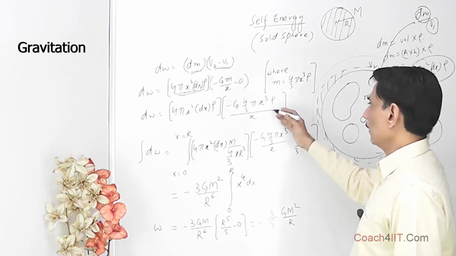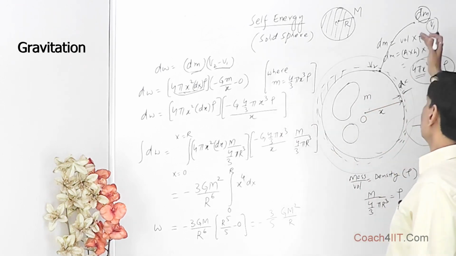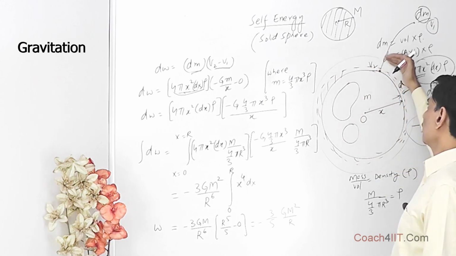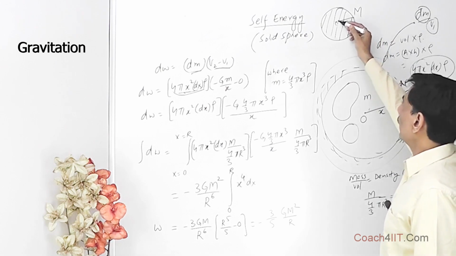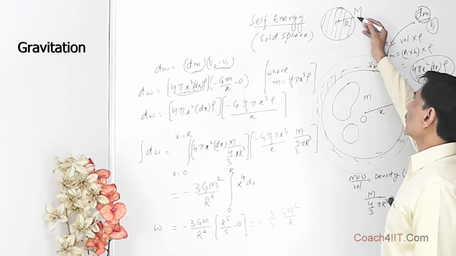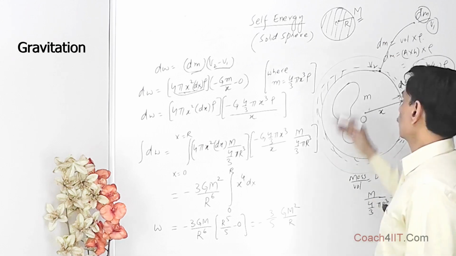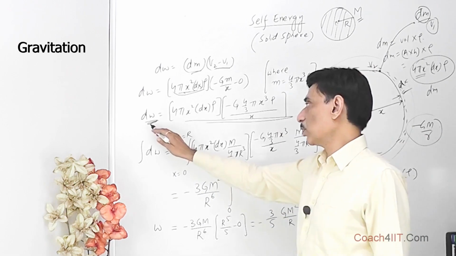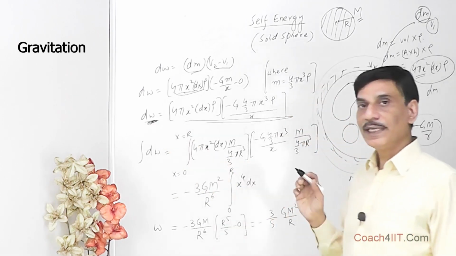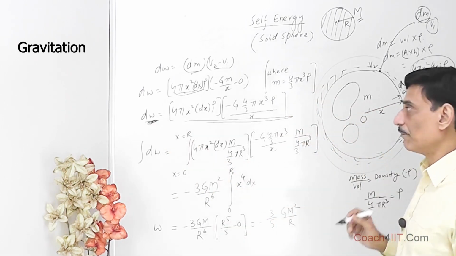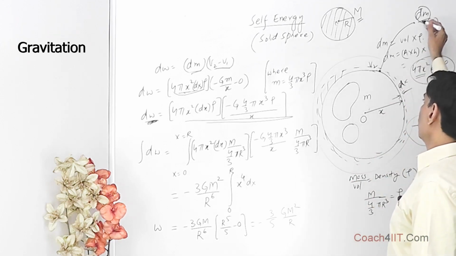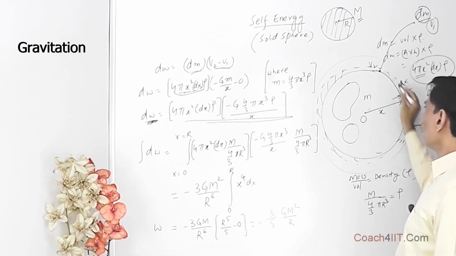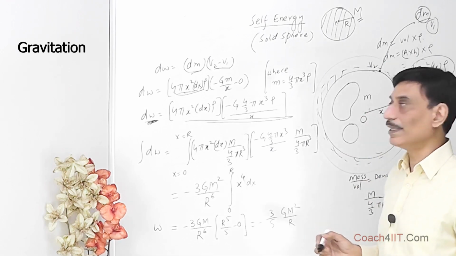As we keep adding this differential element of mass over its surface, its radius gradually increases, and finally it will attain radius equal to capital R and its mass will become capital M. So we do the integration of this whole thing, because this is a differential element of work needed to bring our differential element of mass from infinity and spread it over this surface so that its radius increases by dx, and obviously the mass also increases by dm.